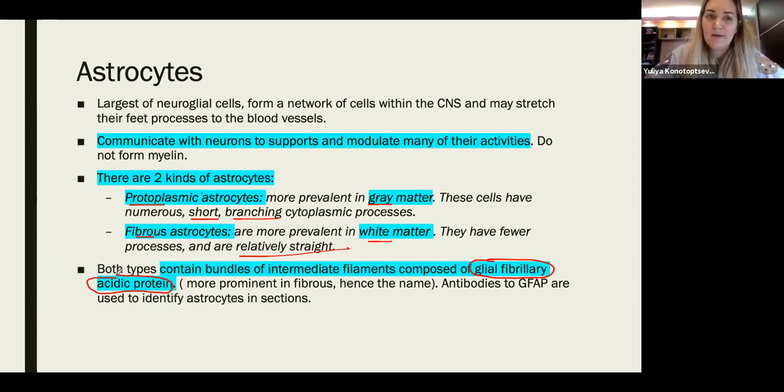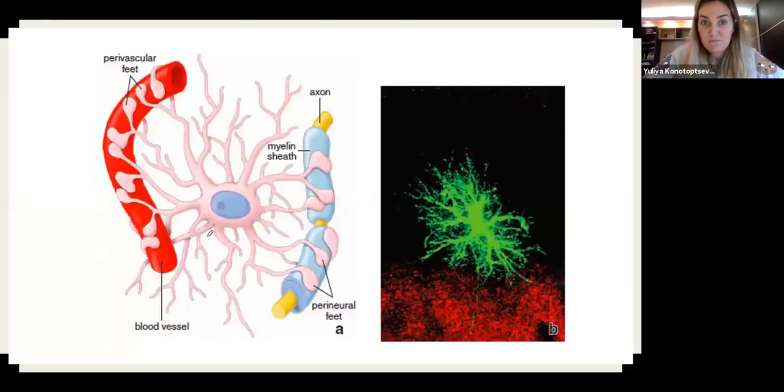Class 1 and 2 are keratins. Class 3 is this one, GFAP. So this GFAP is used to identify fibrous astrocytes. I think later when we do the brain, we even have a slide where we used antibodies against the GFAP to show the fibrous astrocyte specifically.